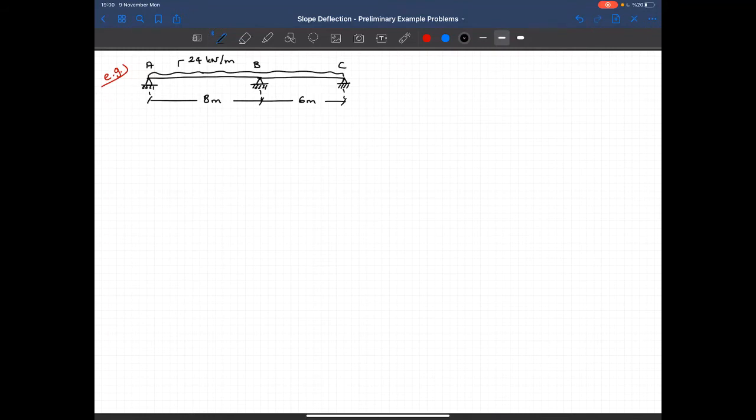Okay, let's do the discretization. So I have theta A here, theta B here, and theta C here.